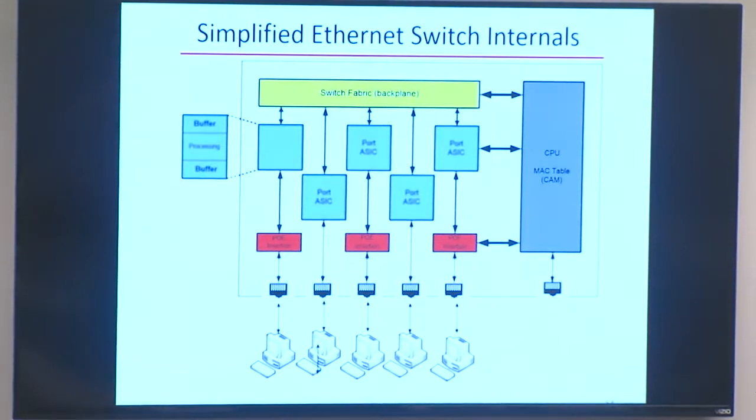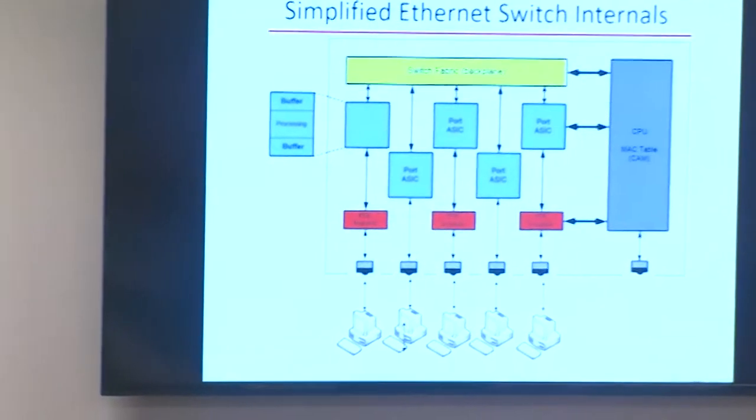In other words, some memory is allocated where that MAC address table is going to be contained, which is often referred to in an Ethernet switch as a CAM table, because content addressable memory is used, which is a slightly different concept than regular random access memory that we're probably most familiar with.